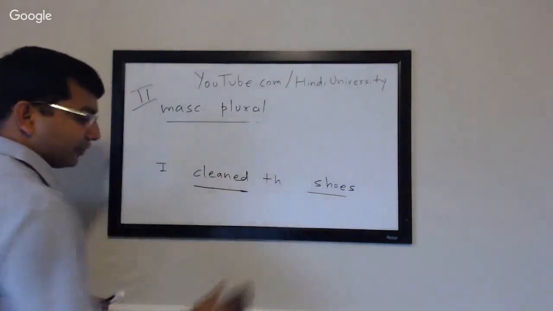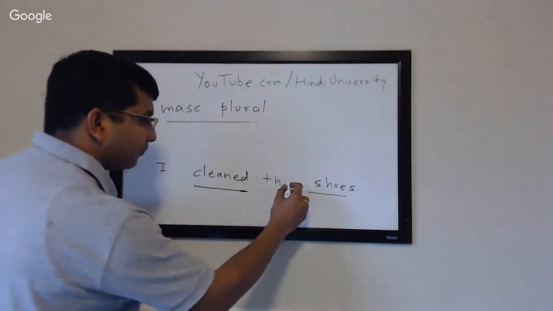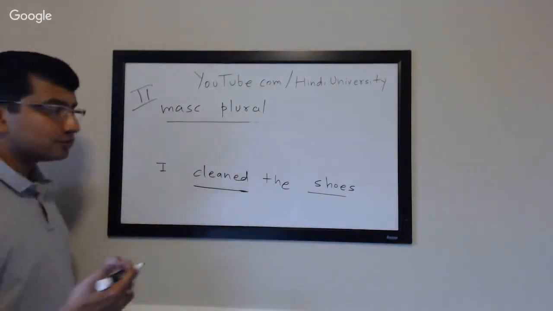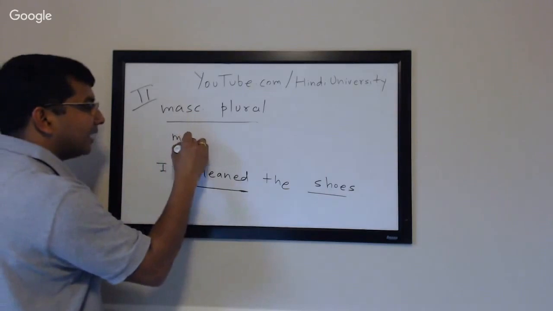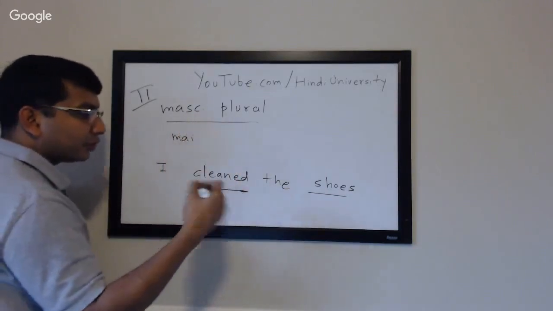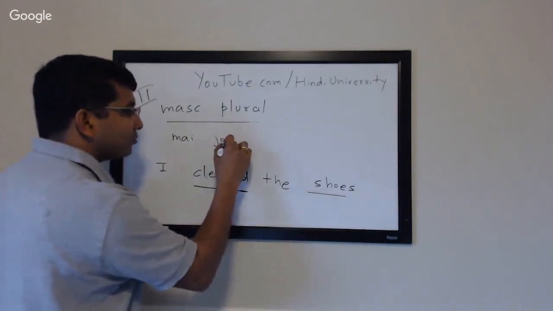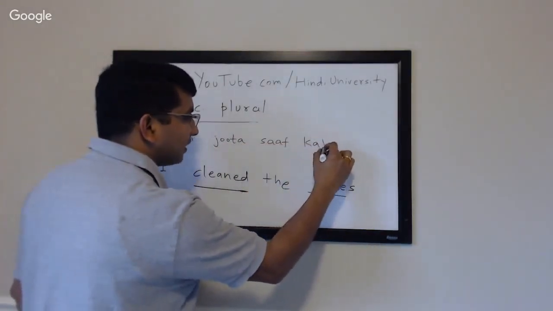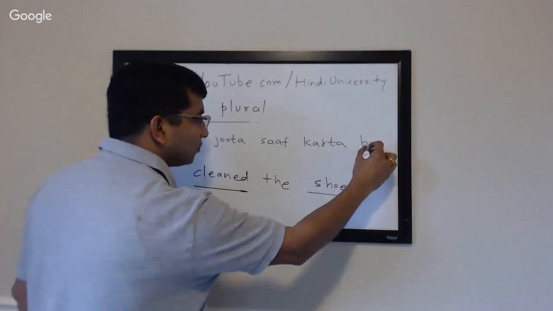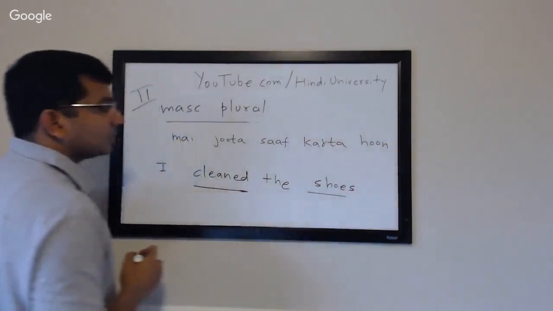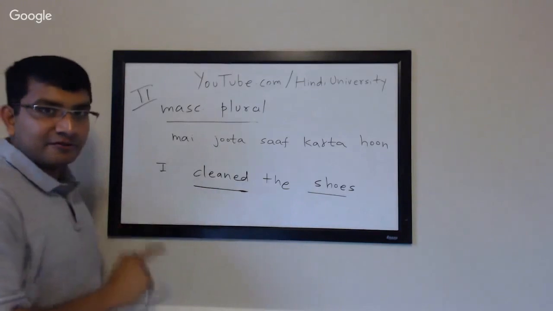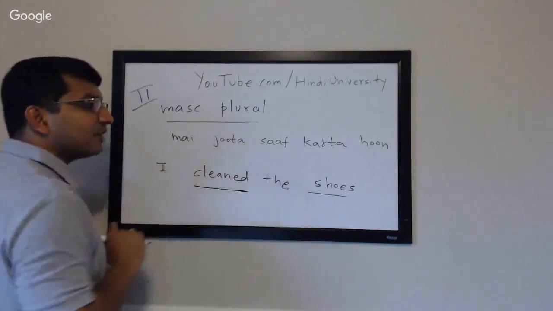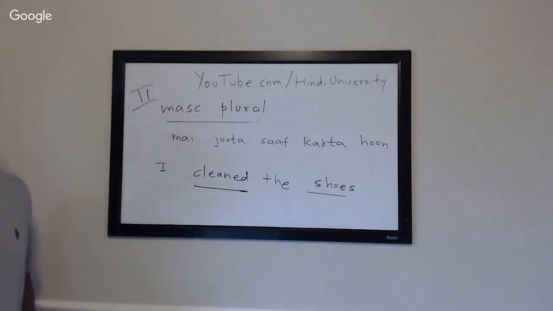If it is difficult for you, think about it in the present form first. How do you say I clean the shoe? मैं, if you're talking about just one shoe, you will say मैं जूता साफ करता हूँ. Okay? If you're saying it in the present form. Or if you're talking about plural, you will say मैं जूते साफ करता हूँ or करती हूँ.